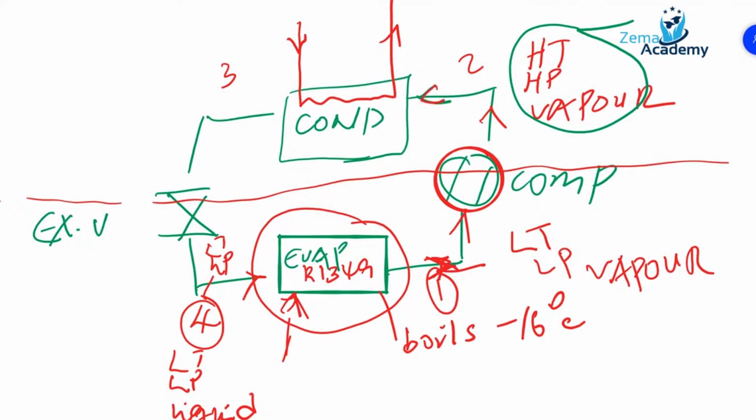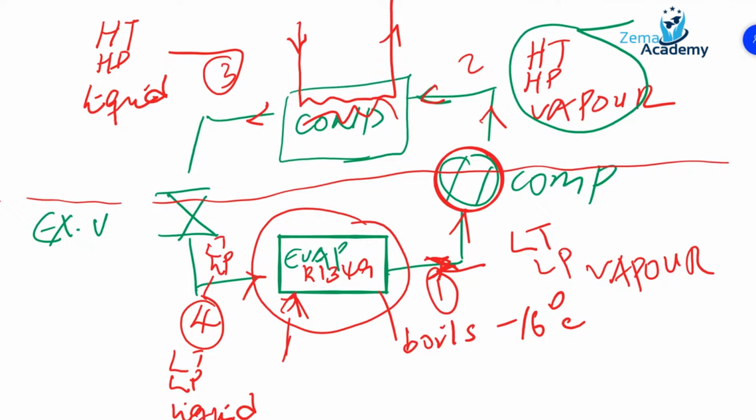So at this point, we have high temperature and high pressure vapor, and we pass it through a condenser. As it passes through the heat exchanger, condensation occurs. At the end, at point 3, we have high temperature and high pressure liquid, with perhaps a very, very small amount of vapor droplets.